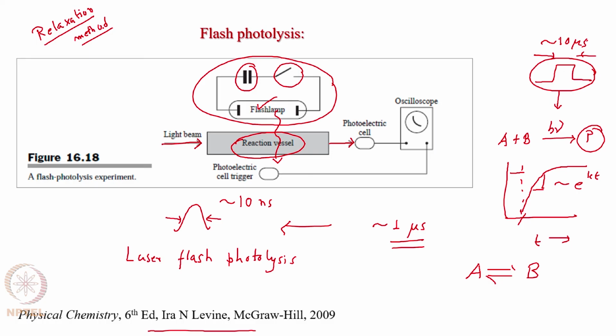For example, instead of doing an electronic flash or a photo flash, you could also do a temperature flash, where you send a huge heat pulse so that the temperature changes all of a sudden, and then your reaction initiates, and then again the system thermally equilibrates and goes to a new equilibrium.